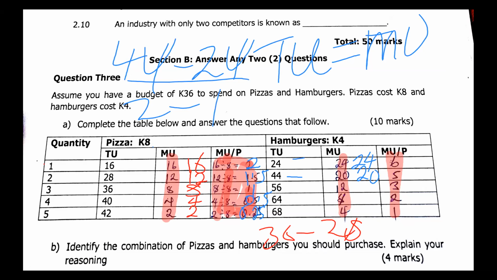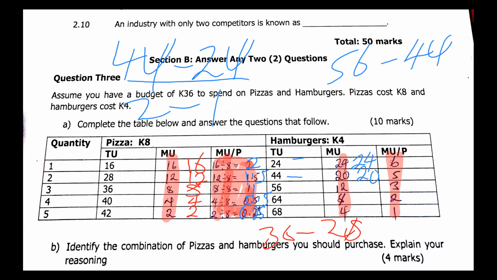Then the third one shall be 56 minus 44, divided by 3 minus 2.